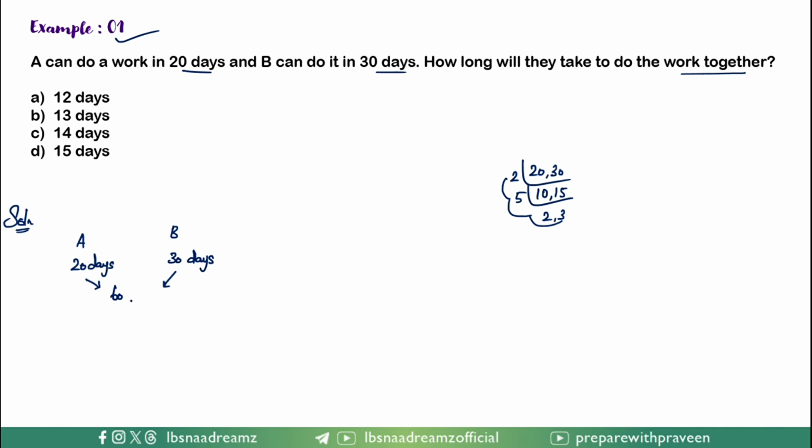So the total work is 60. The efficiency of A is 60 by 20, which is 3. So A can do 3 work in a day. Similarly, the efficiency of B is 2 work per day. So together they can do 3 plus 2, 5 work in a day.